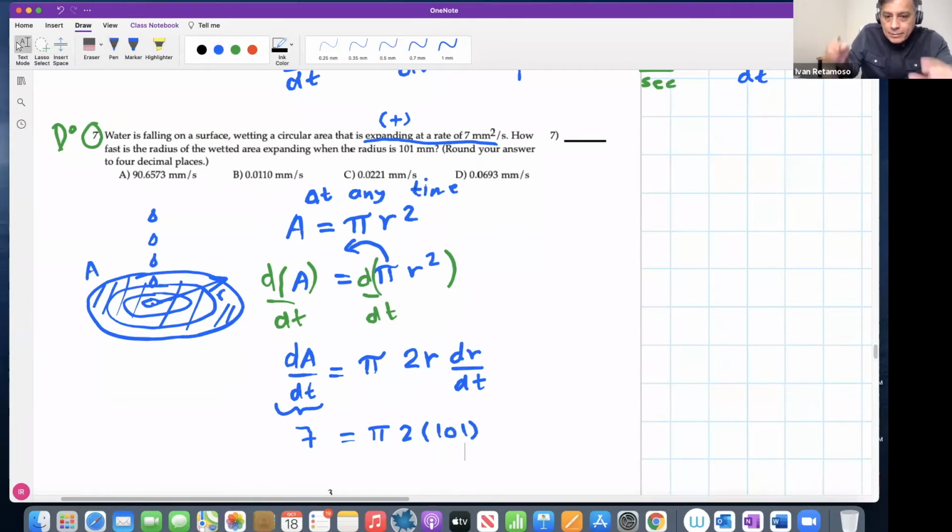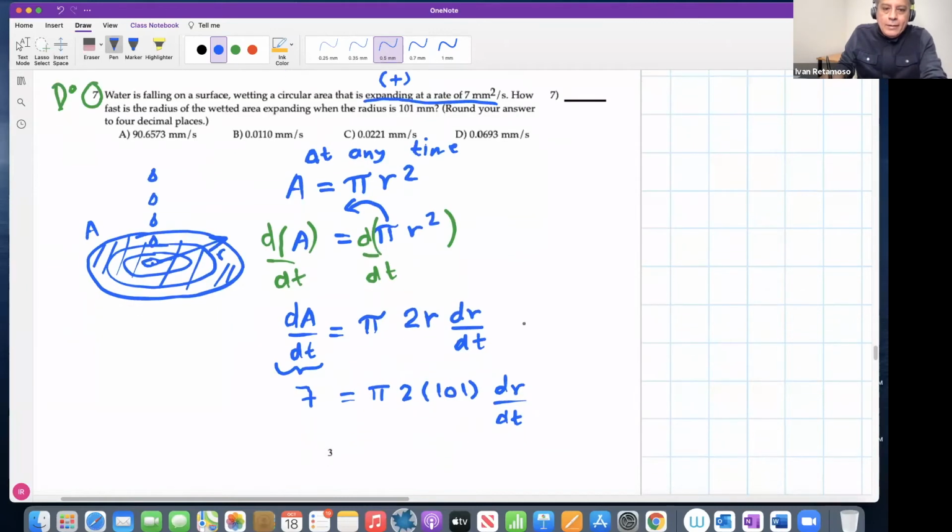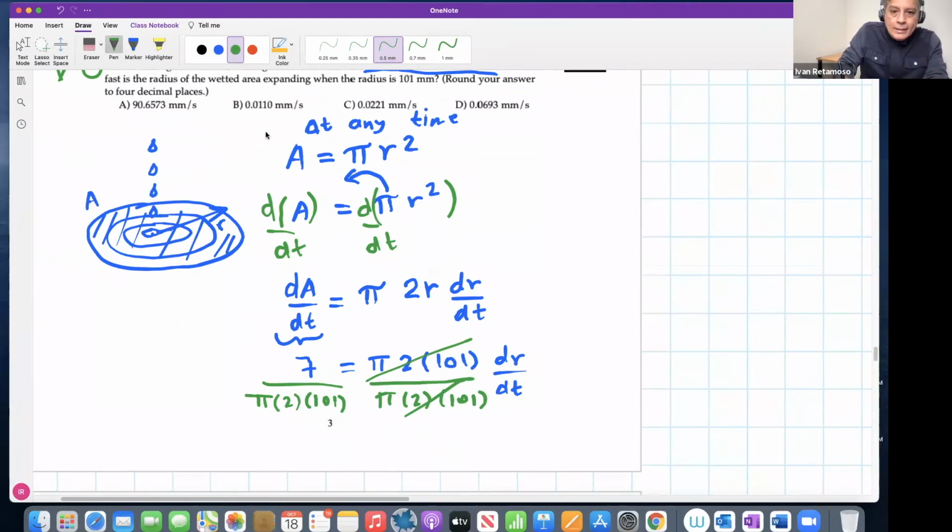At the moment when you take the picture of this motion in your mind, at that moment you have to find this dr/dt. Now here, not hard to divide both sides by pi times 2 times 101. Here the same, and using the calculator, we should find our number. We're looking for our rate of change, dr/dt. So dr/dt should be the following.